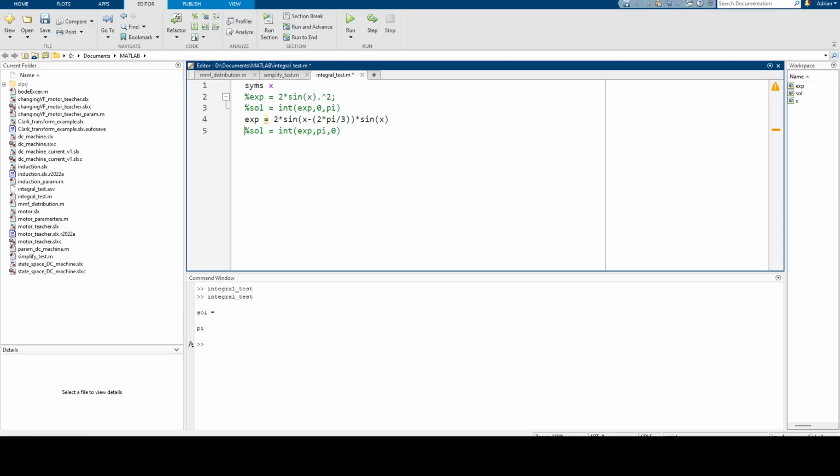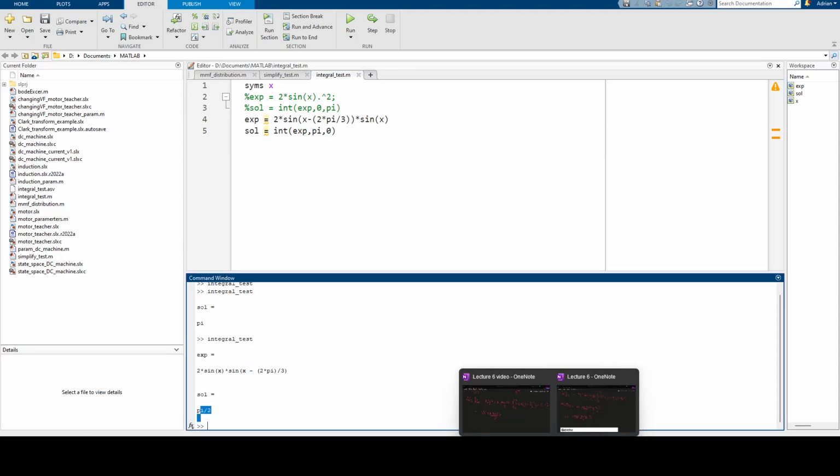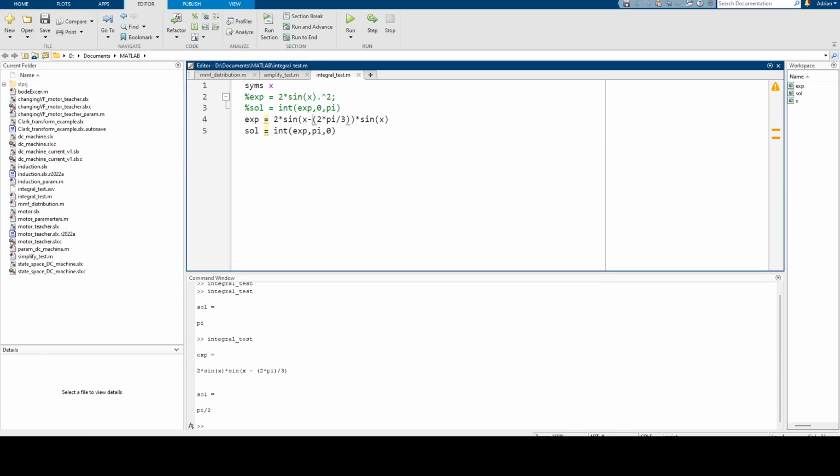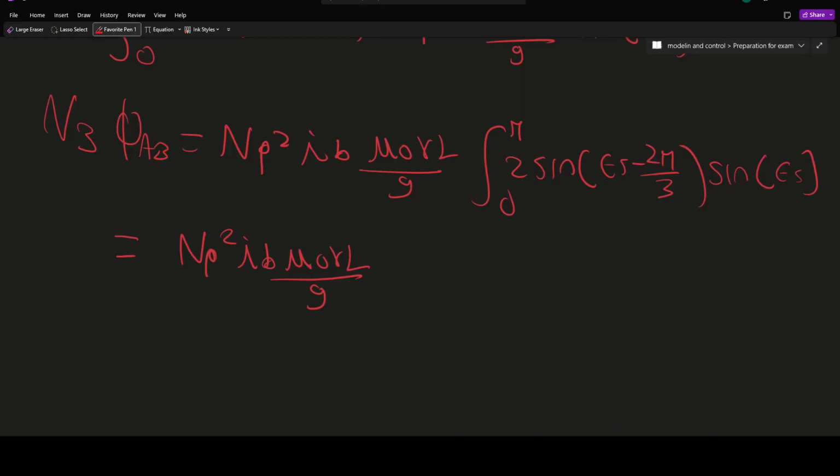And so here we have 2 sine of psi. So the solution is pi over 2. Okay, so this is the other way around. We're going from 0 to pi. So this is minus pi over 2.